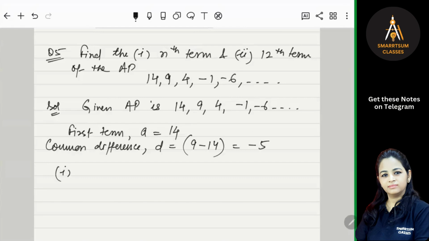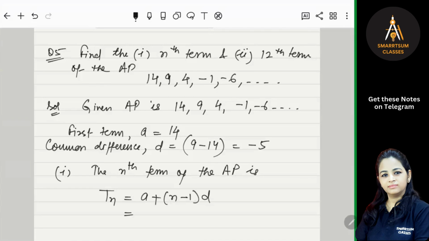In the first part of the question, we have to find the nth term of the AP. The nth term is given by the formula Tn equals A plus n minus 1 into D. Put the values here: A is 14 plus n minus 1 into D, D is minus 5.